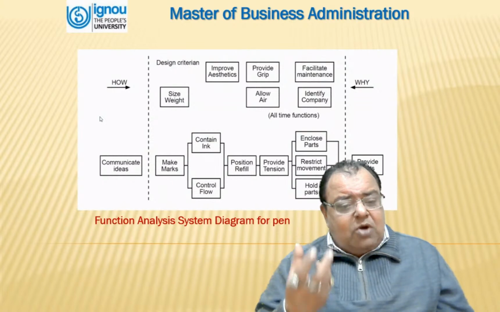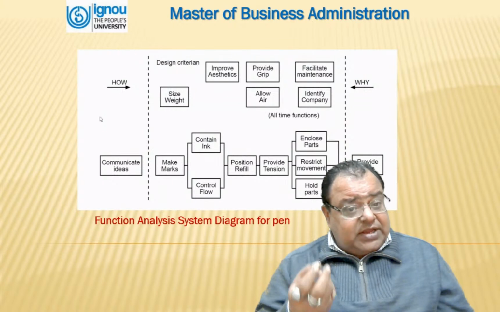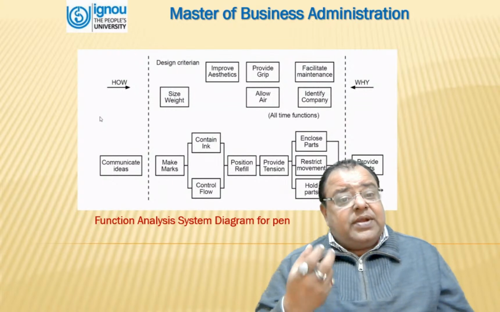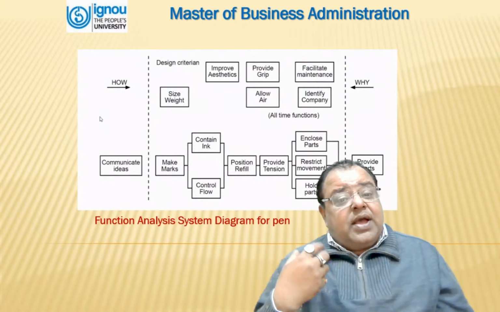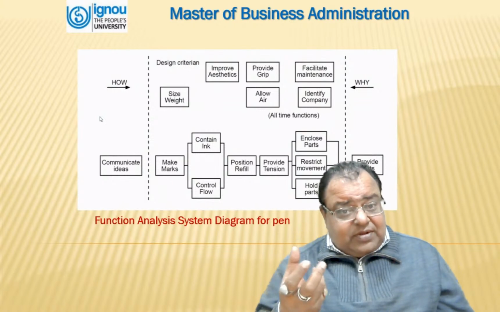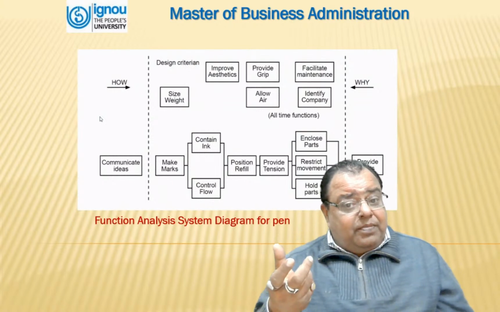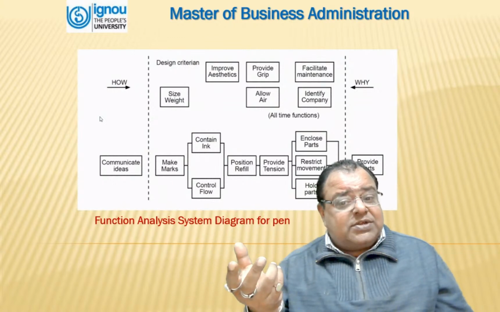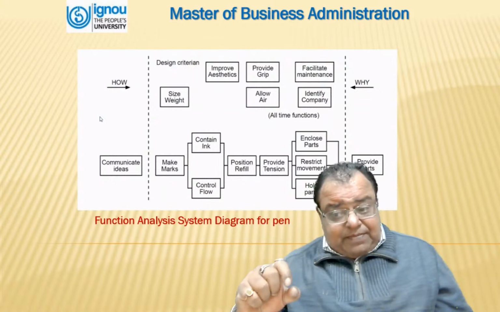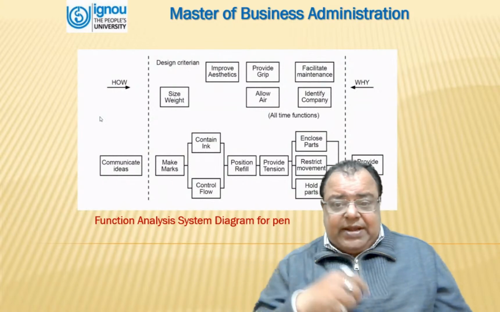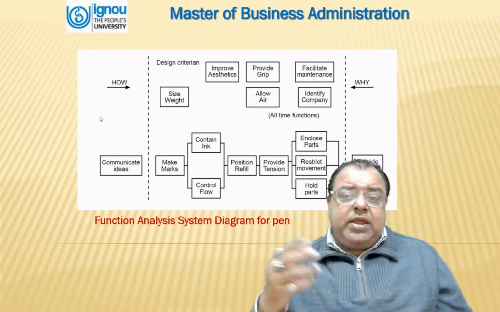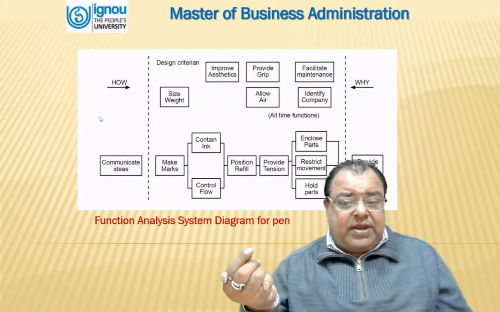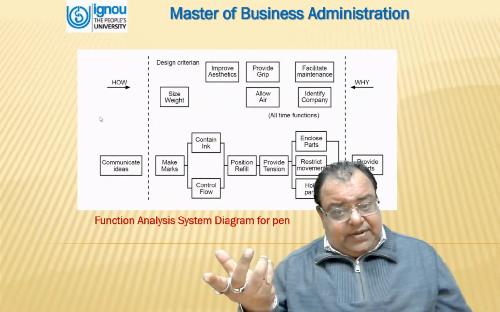As far as your how part is concerned, it is the size, weight, design criteria, how to improve its aesthetic look. If we move to the right side, we have why. There are again four questions: provide grip for holding it, facilitate maintenance for keeping it, allowing air, that means a port has to be there, and identify the company.